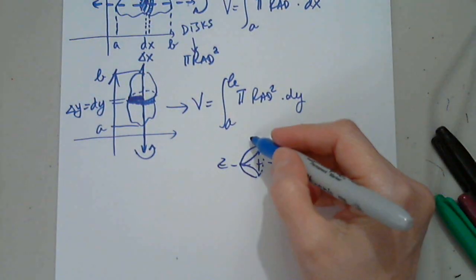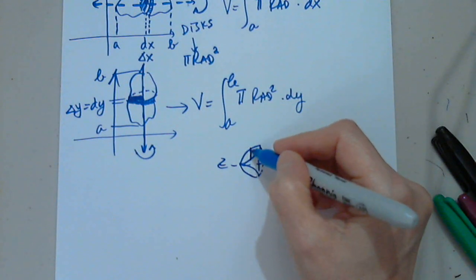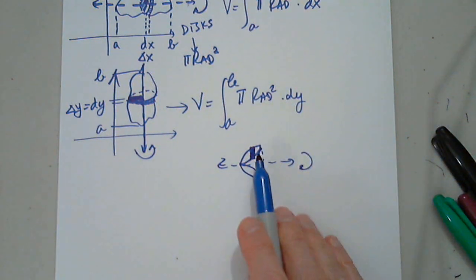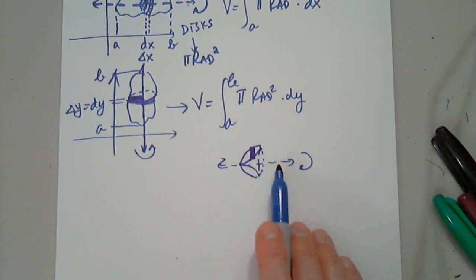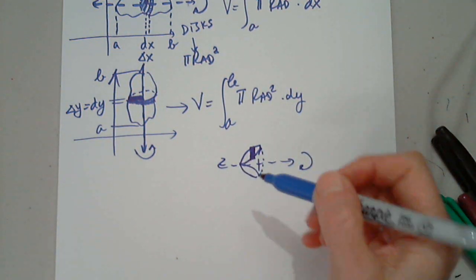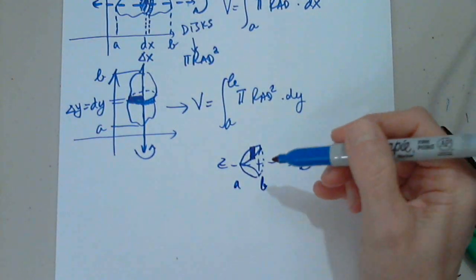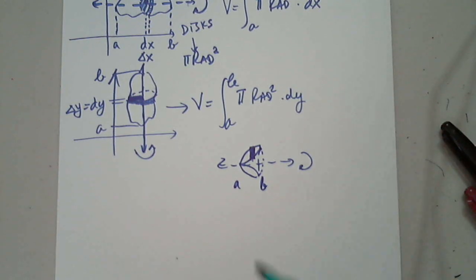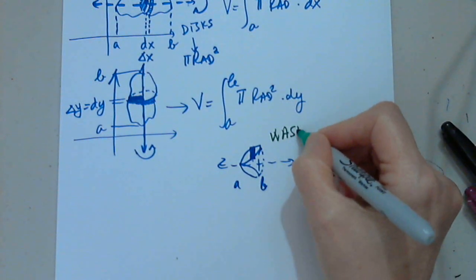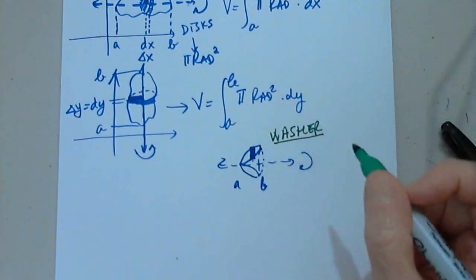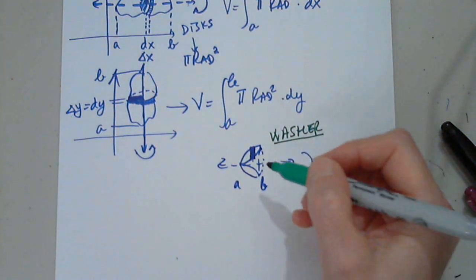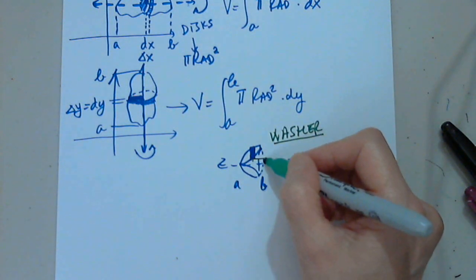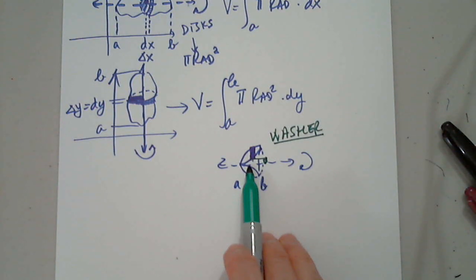Okay, so for a particular x value, we're always going to picture this rectangle that sweeps the area from left to right, of course, from a to b. But this time we have a hollow center. So the method will be a washer, or the washer method, okay? Because we are going to have to remove the inside, which is hollow in this case.